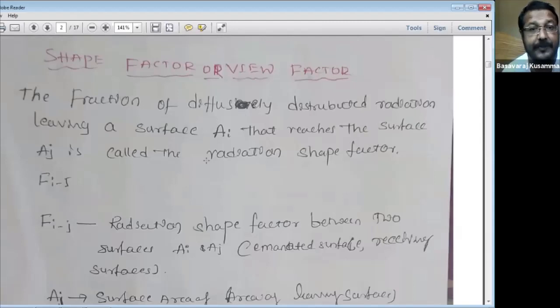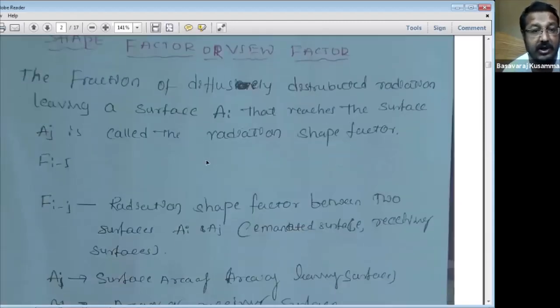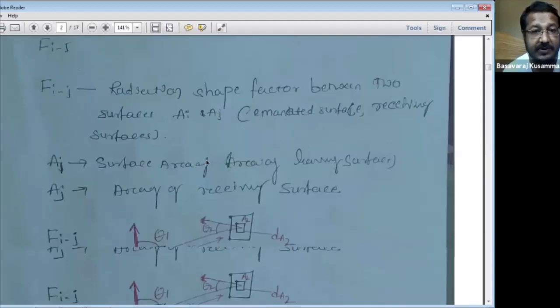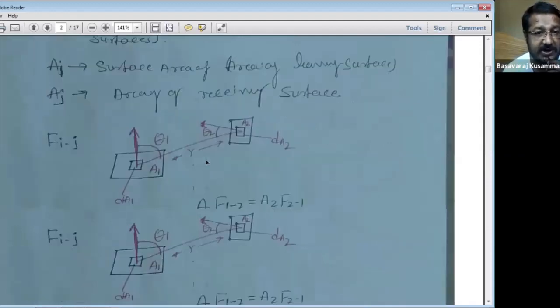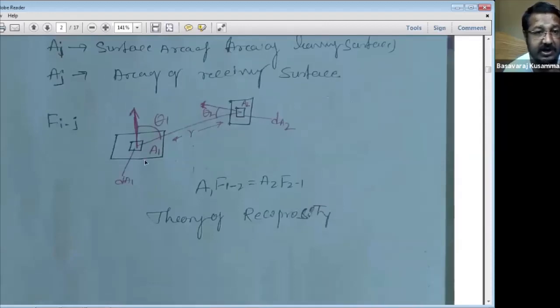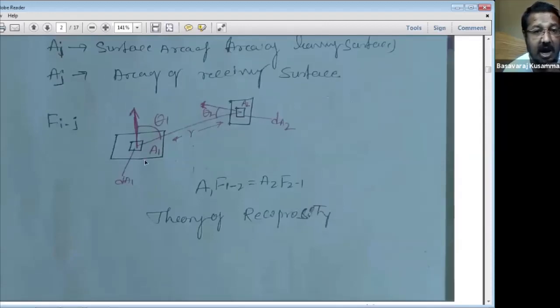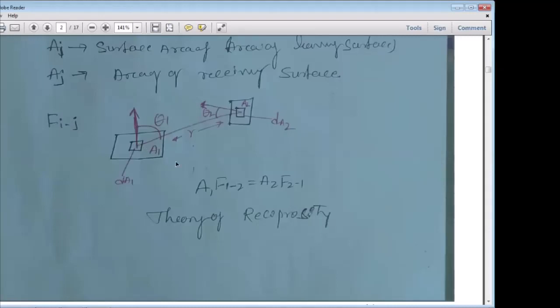Suppose this is surface one, with an area dA1, and radiation will be taking place from surface one.